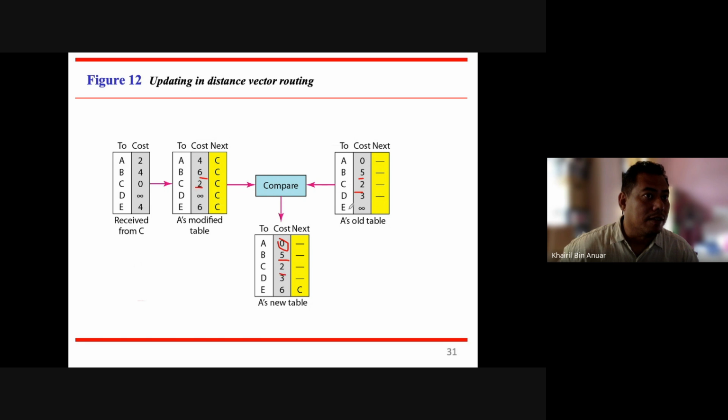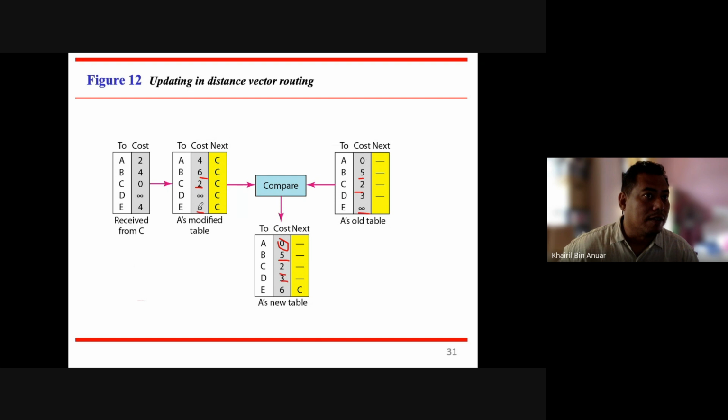Then D here, it doesn't have information beforehand. Now you will receive the information, and D didn't know that, so it can update the table, and it maintains the 3 over here.